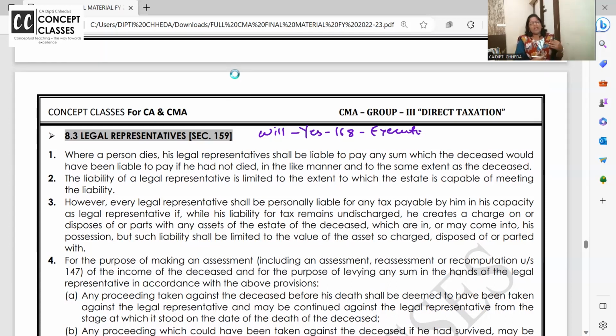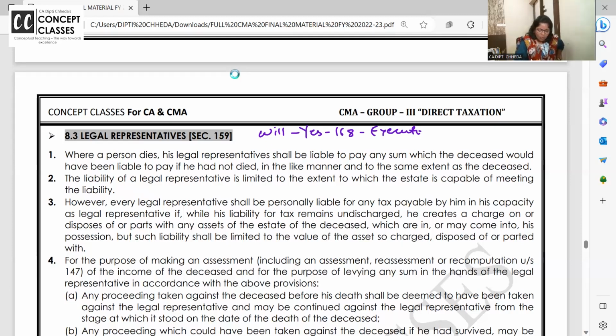So the executor's job is to execute the will, sell off all the assets, realize all the money, pay off in proper sequence. Pay the bank, executor takes his own expenditure, then pays third party, then loans are repaid, then preference shareholder, last is equity shareholders. Okay. So if the will is there, Section 168 executor is applicable.